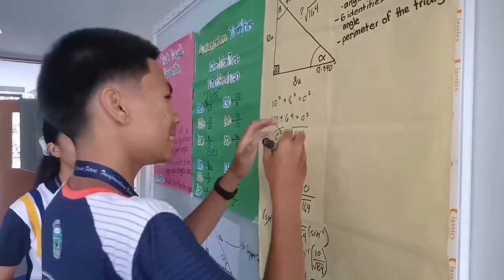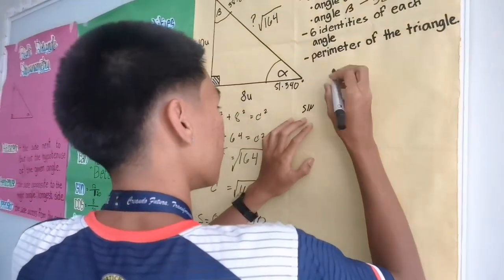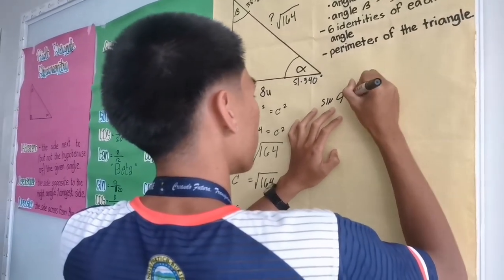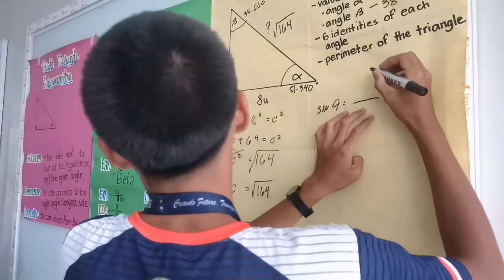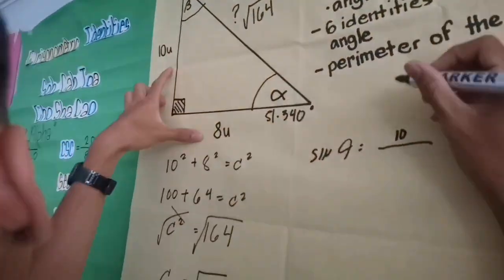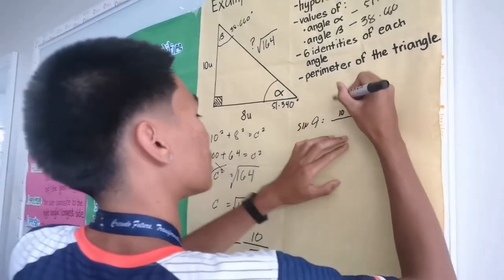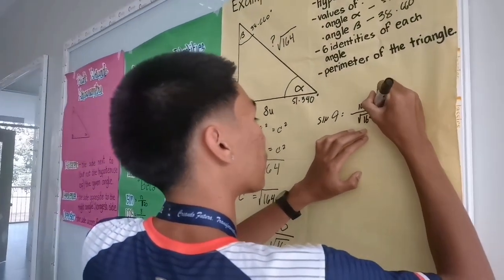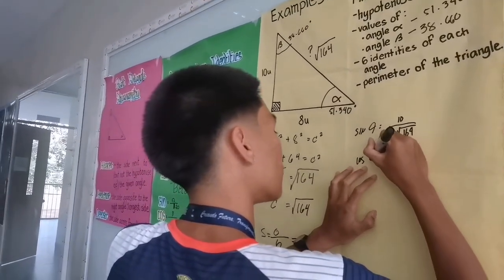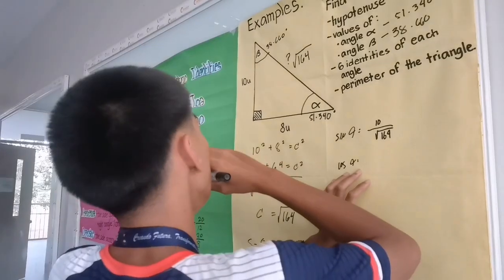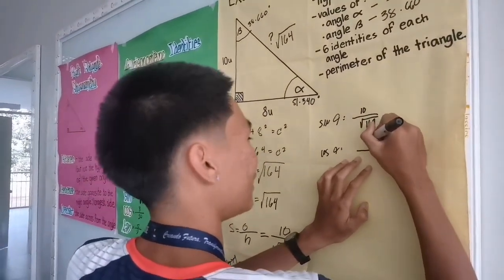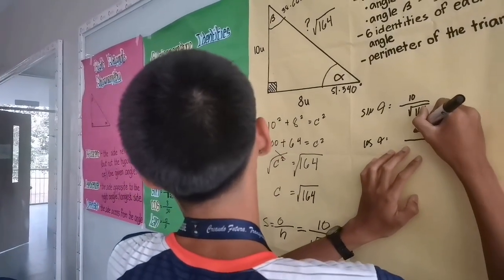So sine is opposite over hypotenuse, opposite is 10. Cosine is adjacent over hypotenuse, yes.